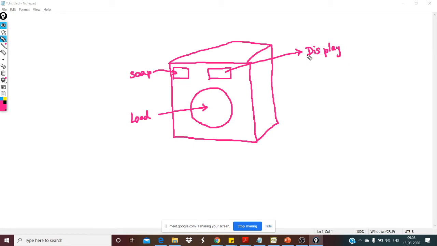Then we have some buttons. Okay. All right, very good.